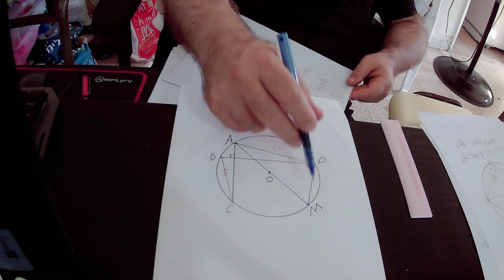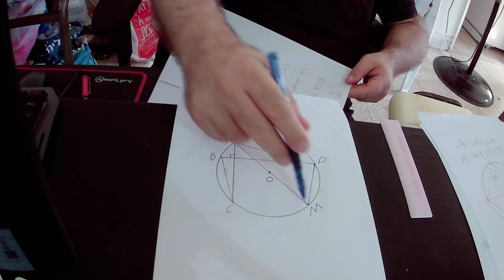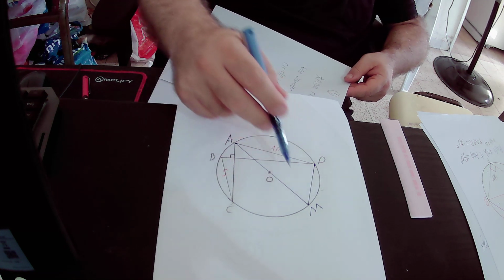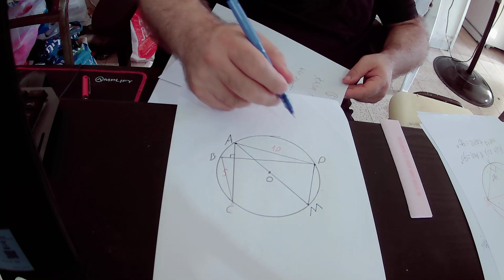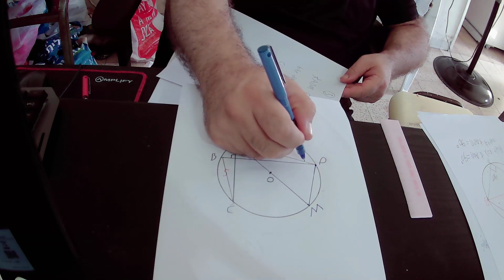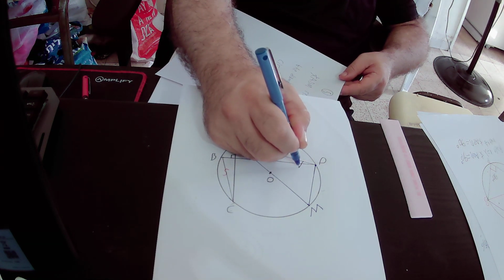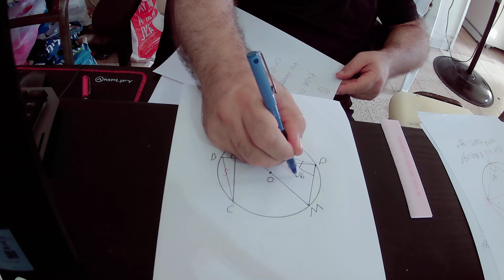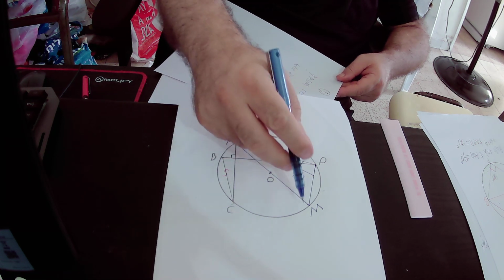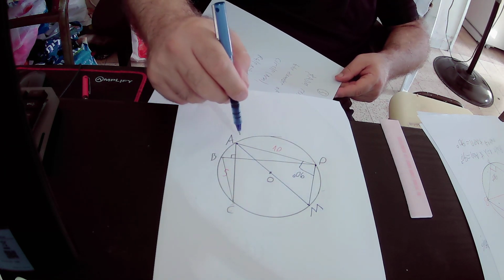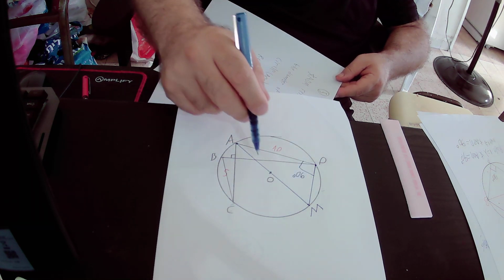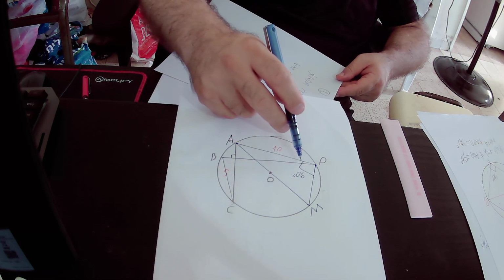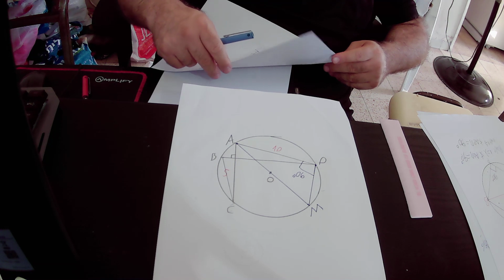So angle ADM equals 90 degrees according to rule number 1, because it rests on AM, that is the diameter of the circle. For that reason, it equals 90 degrees. Okay?